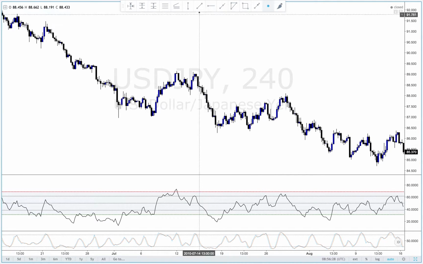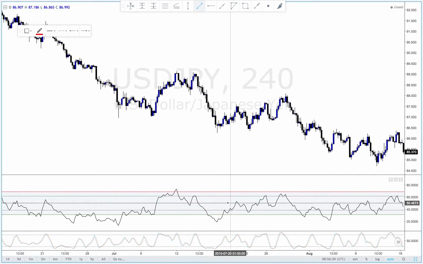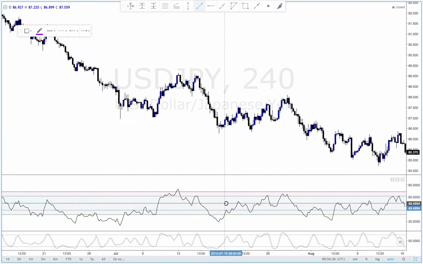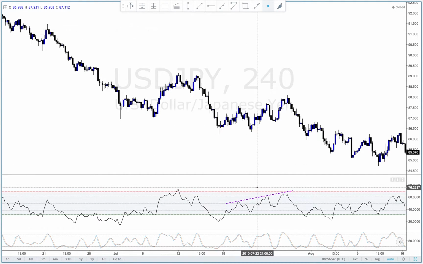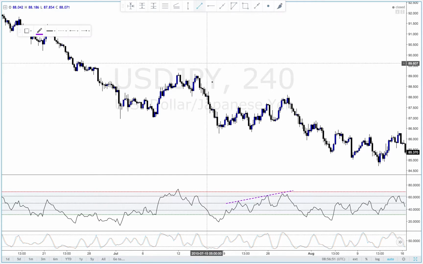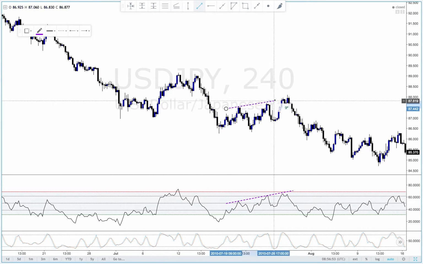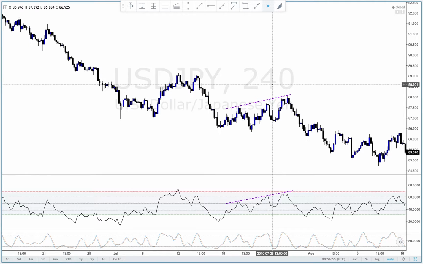Let's see. Let's just draw these in. Purple. Go with that. RSI rising, price rising.